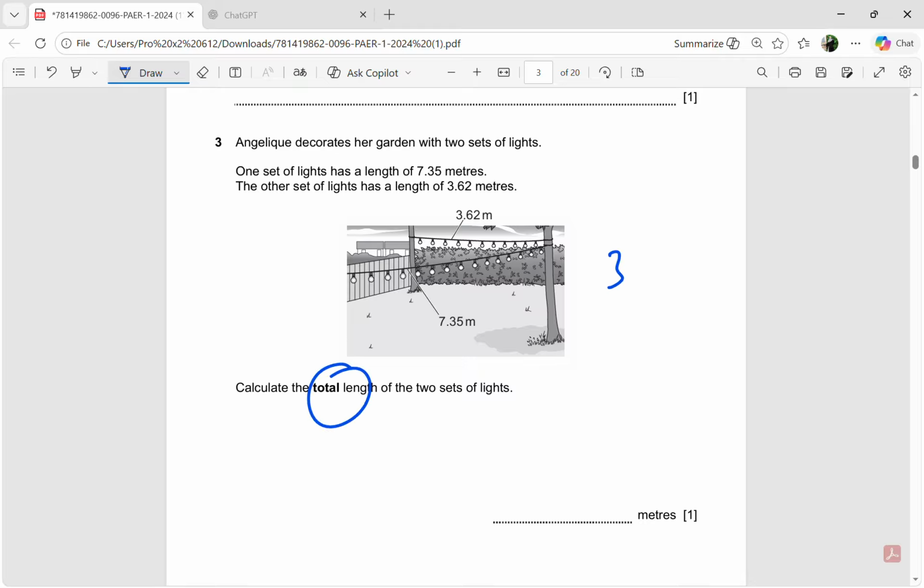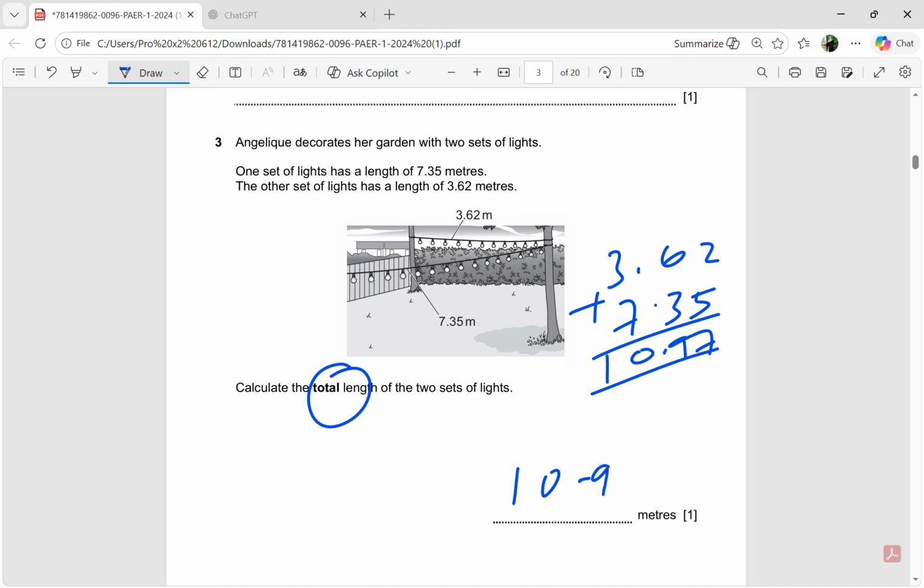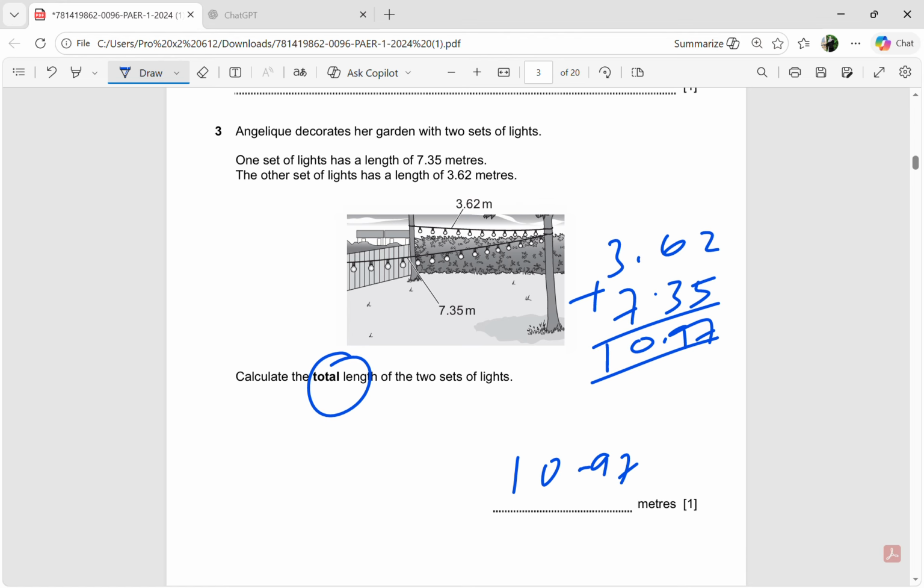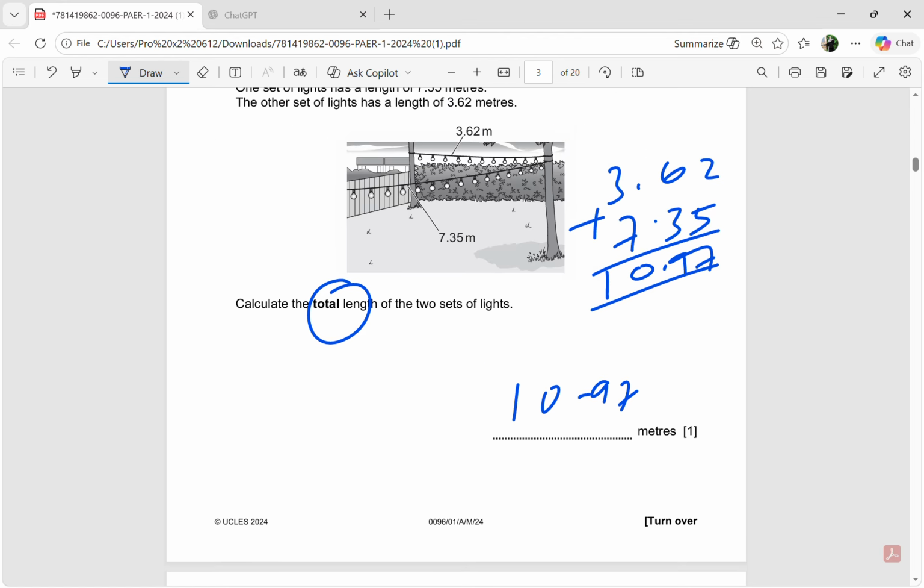So it's 3.62 plus 7.35. So this becomes 7, 9, and this becomes 10.97. So the total length of the sets of light, or the wires which have the lights, is 10.97. The total means altogether, or addition.